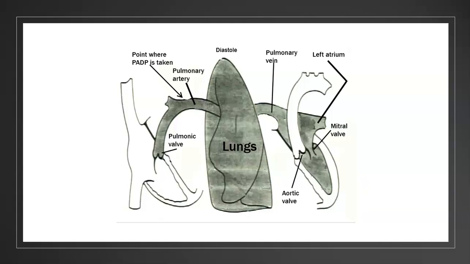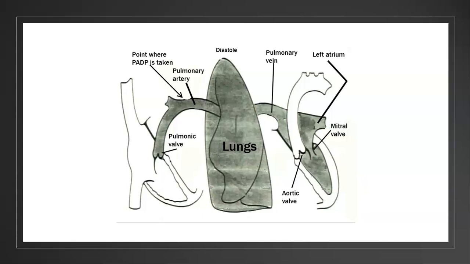Okay. So in this image, we are using the RAP, the right atrial pressure slash CVP, central venous pressure, to measure the preload of the right side of the heart.